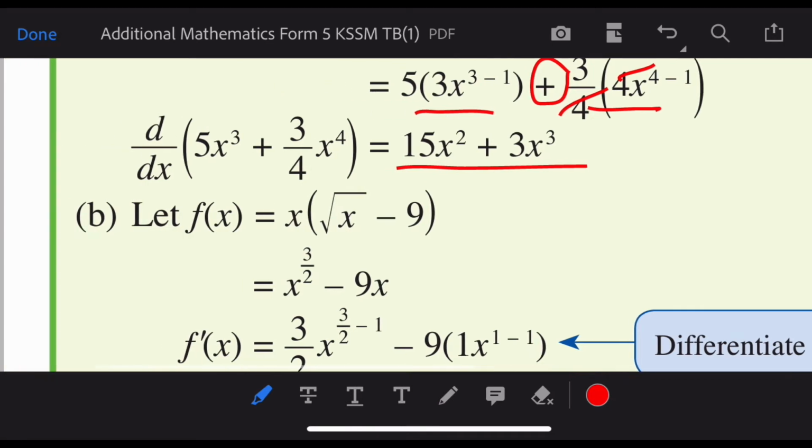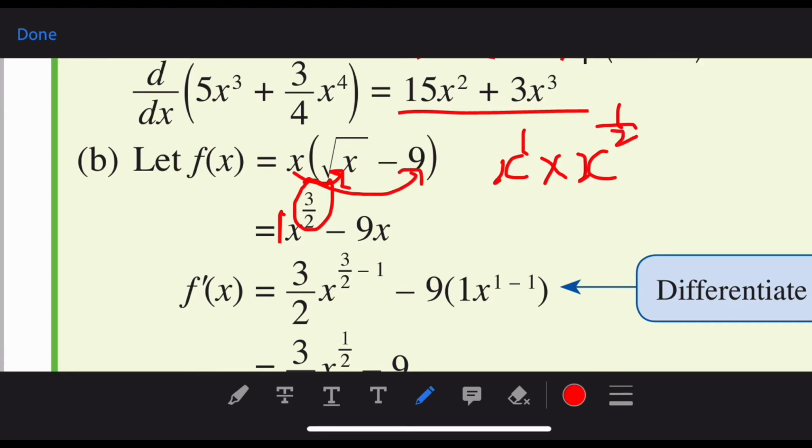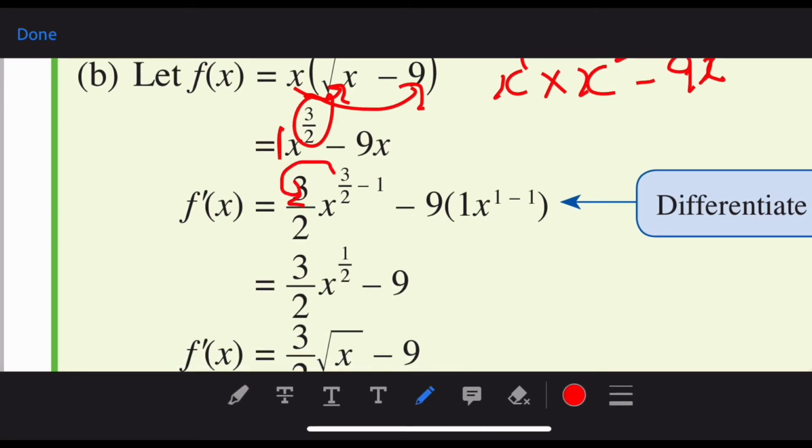For this one, before you can differentiate, you must see the power with the constant. So you multiply, so it's x to the power 1 times x to the power half, right? So that means you have to distribute, you have to expand like this. Power 1. Then only you can use the formula: bring down the power, power minus 1.